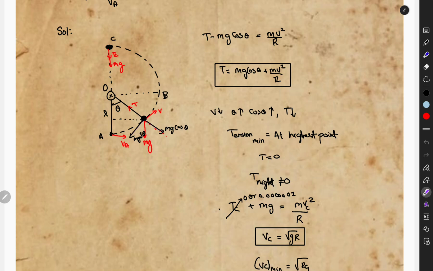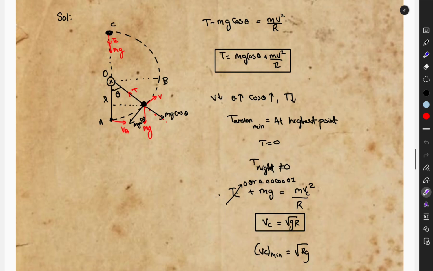Now we can go to the Newton's laws of motion concept, where when we studied circular motion, we can write this equation, right? So t minus mg cos theta will be equal to mv square by r, the centripetal force, if you remember. And then we can write the tension is going to be mg cos theta plus mv square by r.